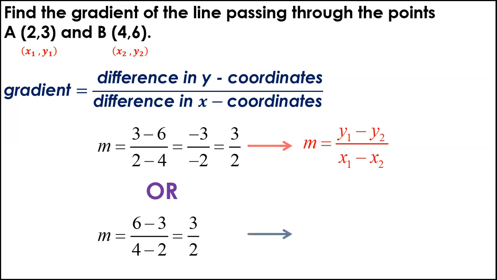In other words, we are saying y2, which is 6, minus y1, which is 3, all divided by 4, which is x2, minus 2, which is x1. Note, any of the formulas you choose to use will give the same result.